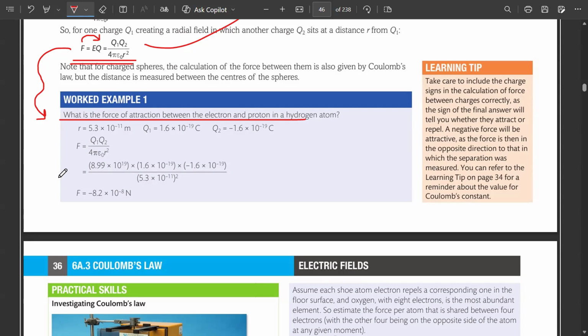Yes, can you explain me this question, please? The worked example one. जल्दी से explain करें. Open up your mic.